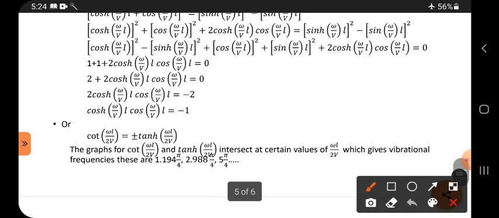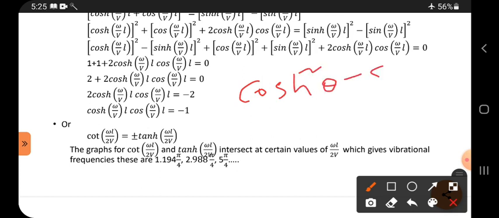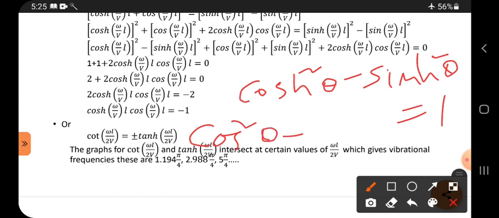And we know that in hyperbolic function, cosh square theta minus sinh square theta is equal to 1. But in normal function, we know cos square theta plus sin square theta is equal to 1.